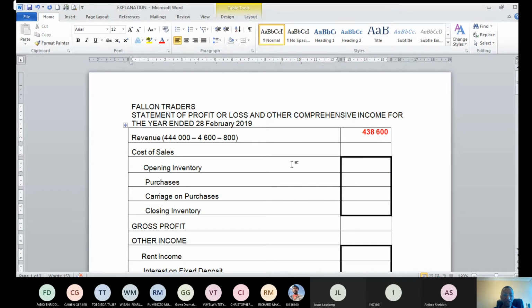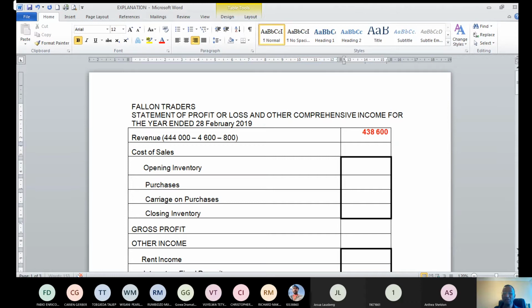We go over to our cost of sales. To calculate your cost of sales is equal to your opening inventory, and the value of the inventory on the 1st of March was 55,000. To that, you're going to add your purchases. Once again, we are interested in our net purchases.